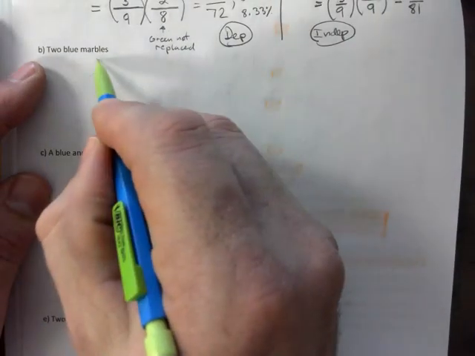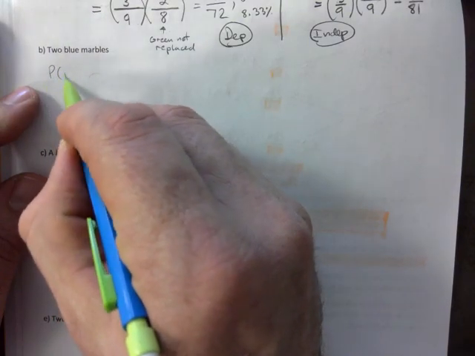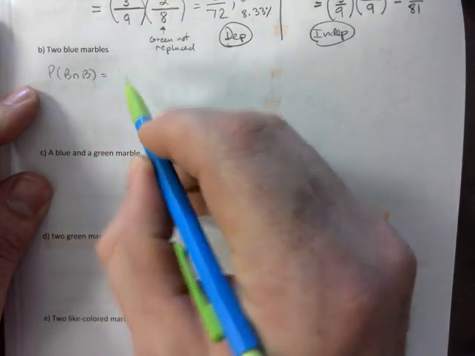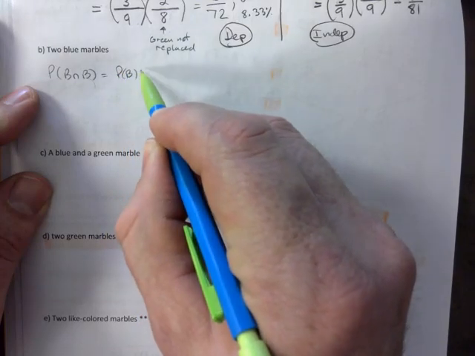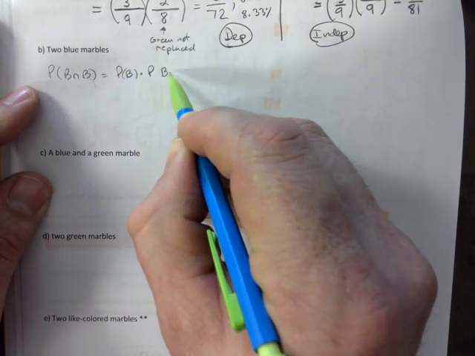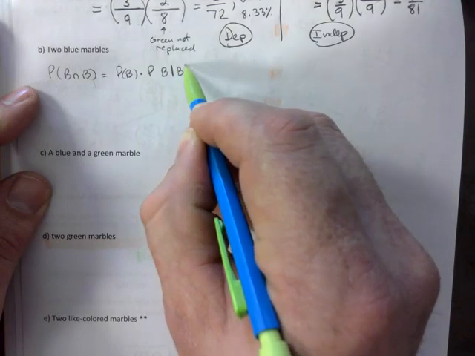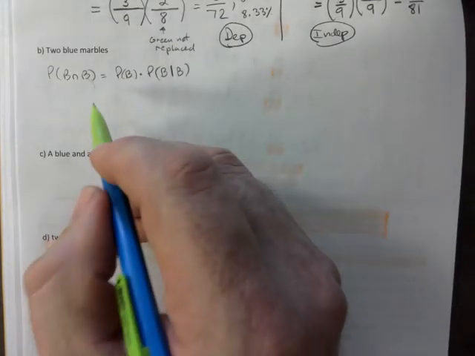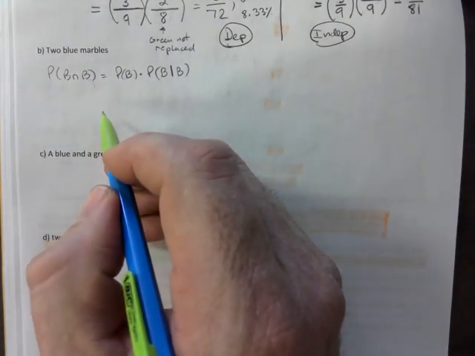I'll just make sure you know, if it's two blues, probability of blue and blue, it's probability of blue times probability of blue given that blue happened. A blue was drawn. How do we know this is dependent, guys?